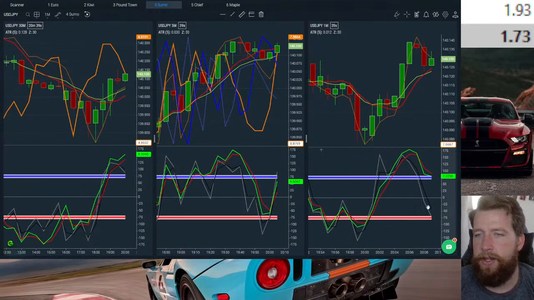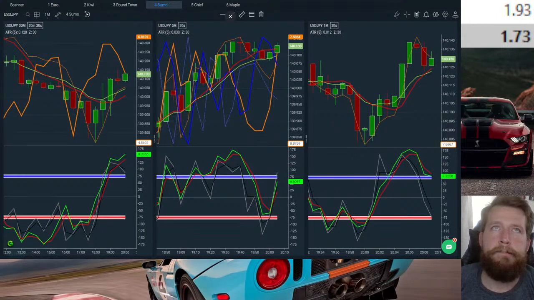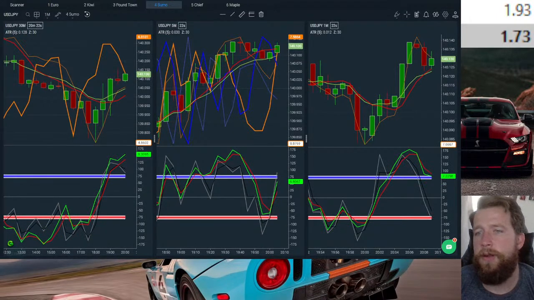We are actually getting a gray dagger set up right here, though. So we're going to keep an eye on this. The spread isn't terrible.